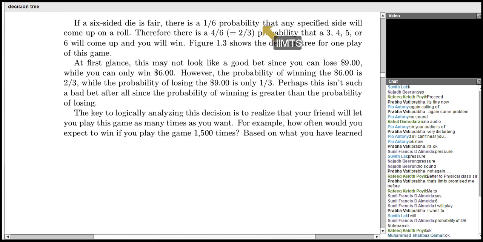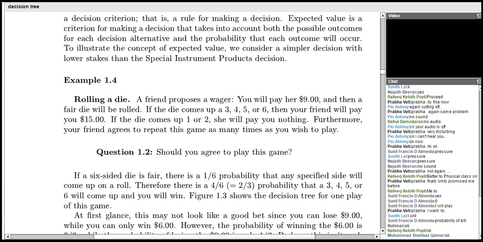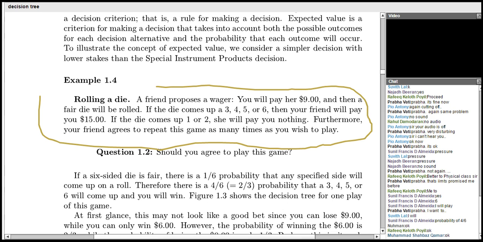Let me go back to the question. This is the question here. So you can take it down.